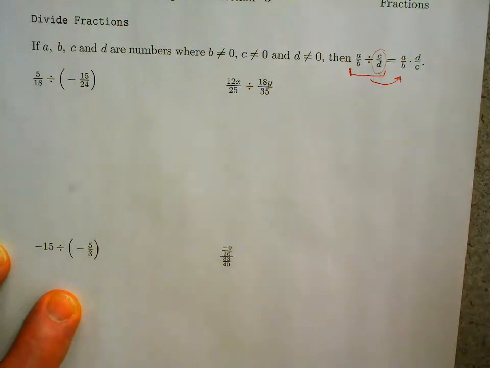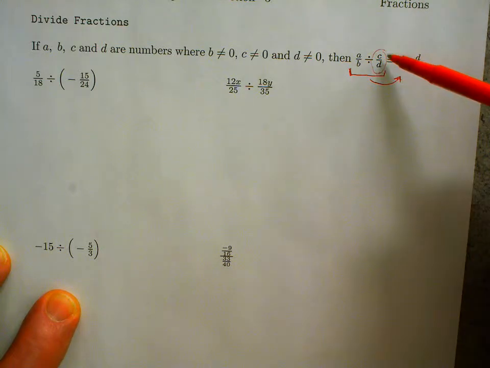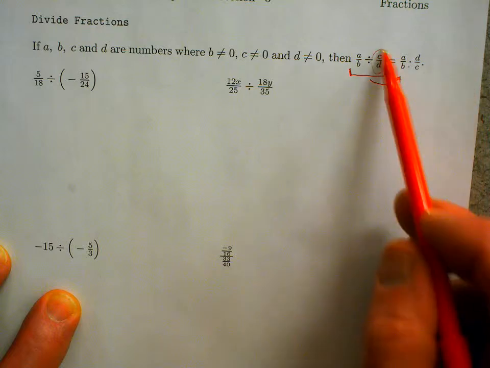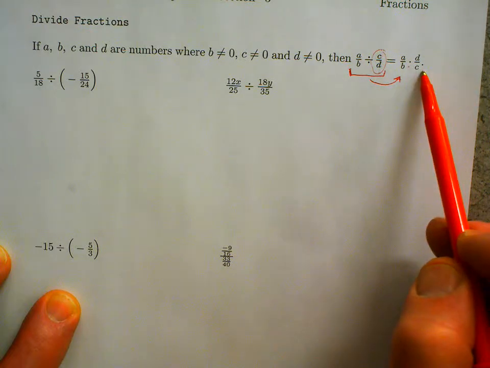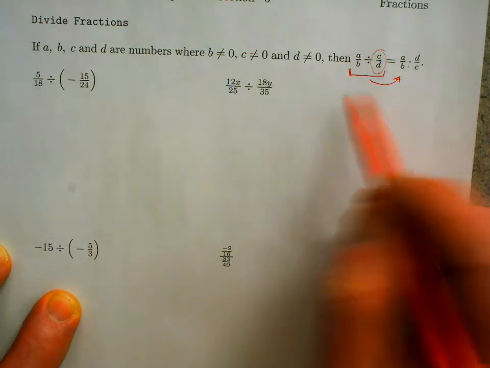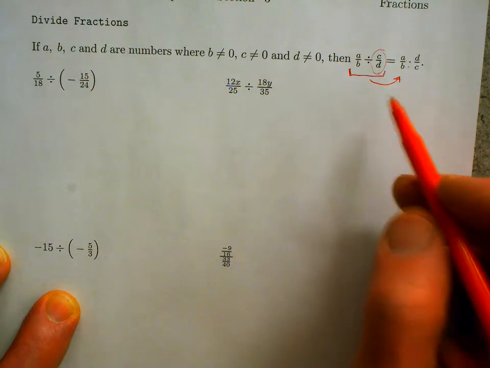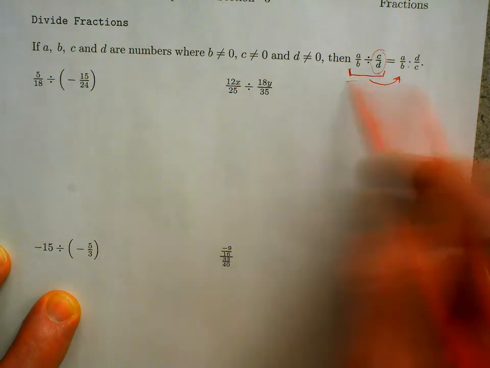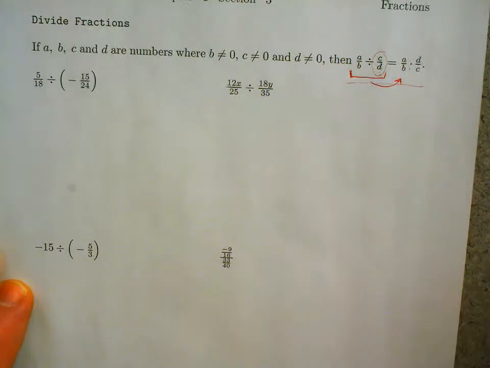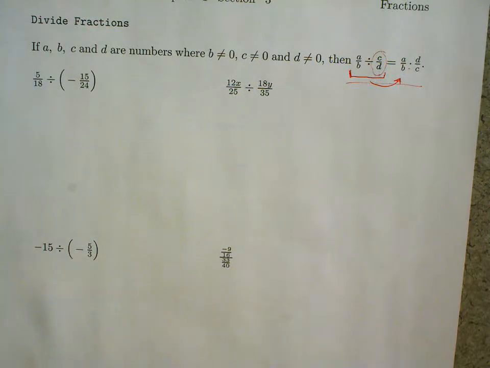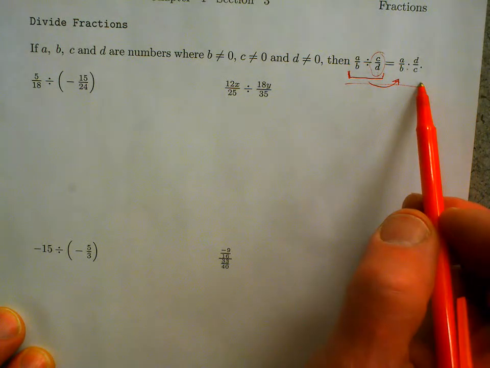So we convert it to multiplication by reciprocating C over D. The reciprocal of C over D is D over C. So do you see what the definition is telling us that we can do? Okay, so if you know how to multiply two fractions, then you're just one step away from knowing how to divide one fraction by another fraction, because you can always convert division into multiplication.